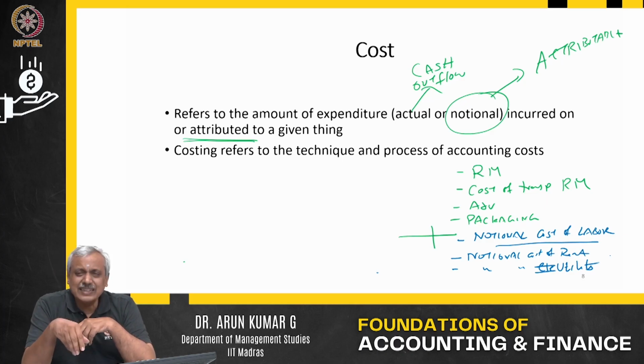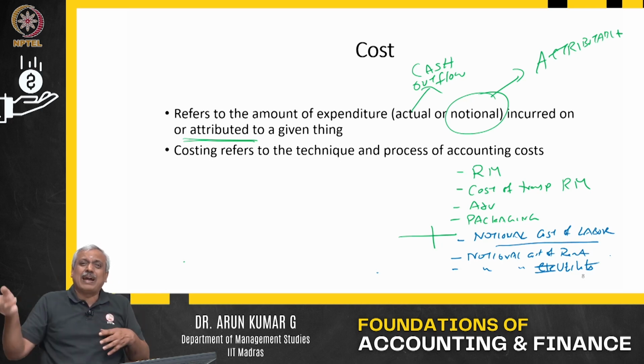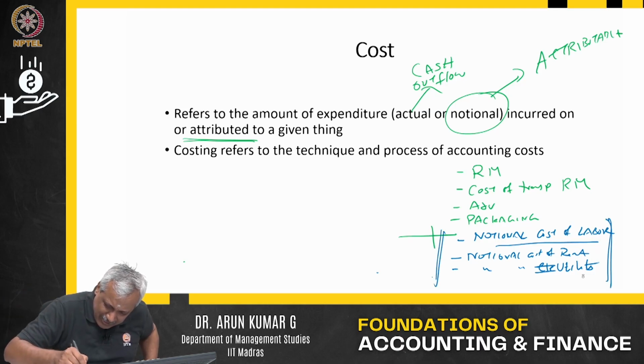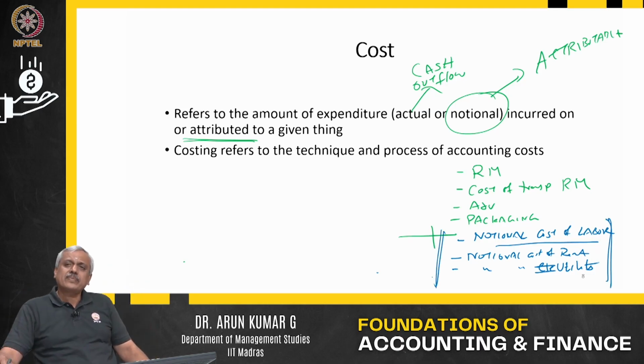So, when I say cost, it does not mean only what you spend, that is the cash outflow. Cost means and includes the amount of money that you spend plus any costs that can be attributable. These are the costs that are attributable.